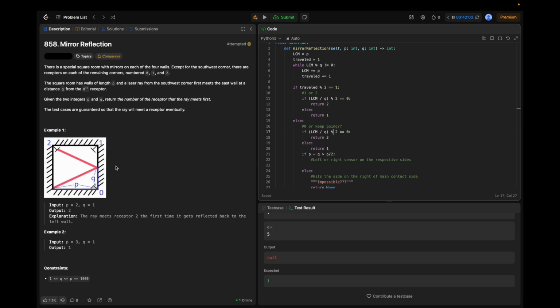So 1, sorry, 1, 2, 3, 4, 5. So if it's odd, equal to 1, then we return 0.